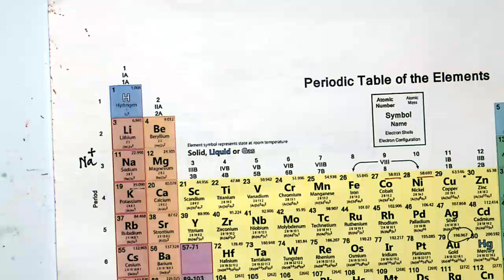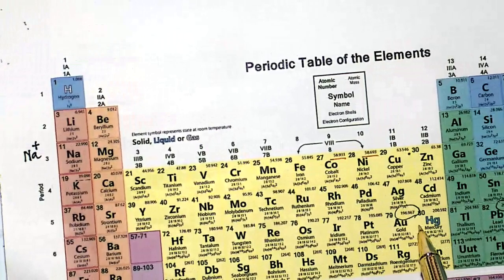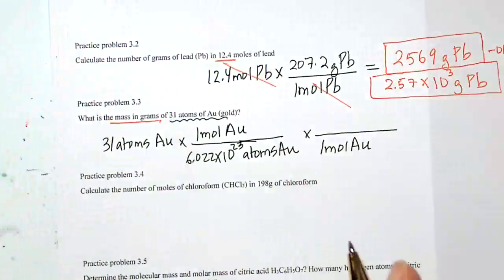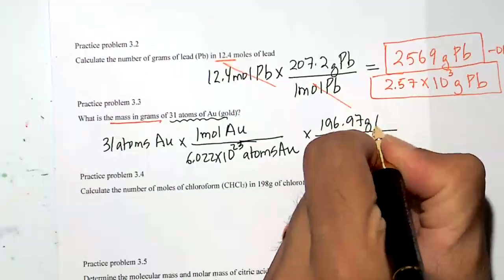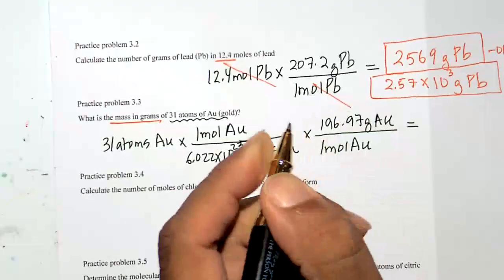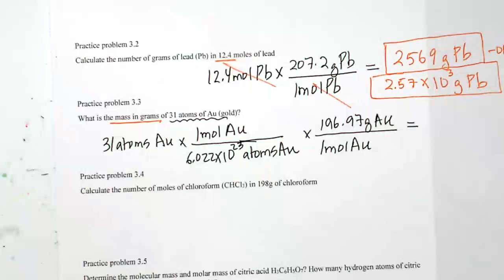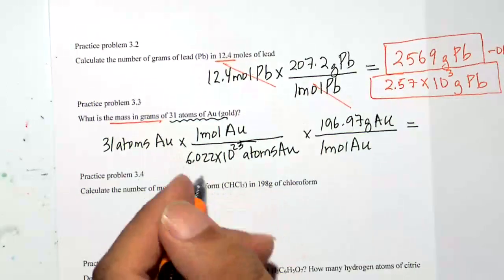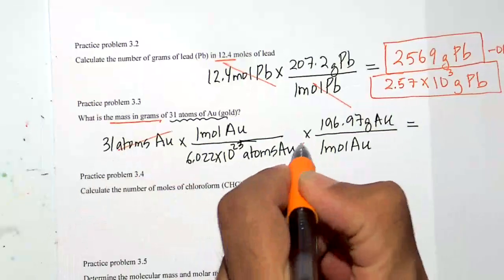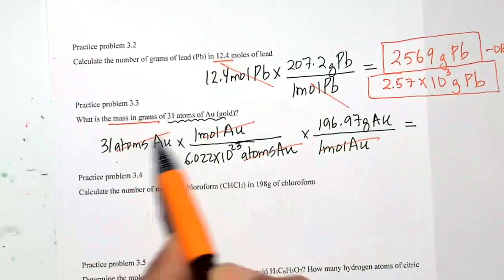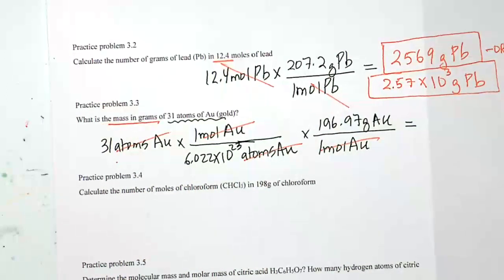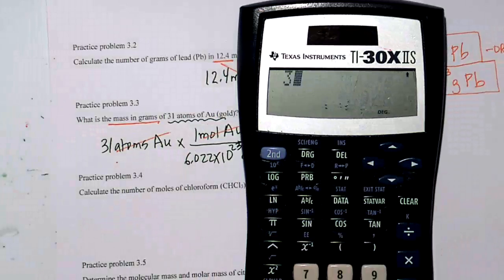About 196.97, something like that. And then things cancel out. The atoms cancel out with the atoms. The moles cancel out with the moles. Okay, so what's 31 times 196.97?